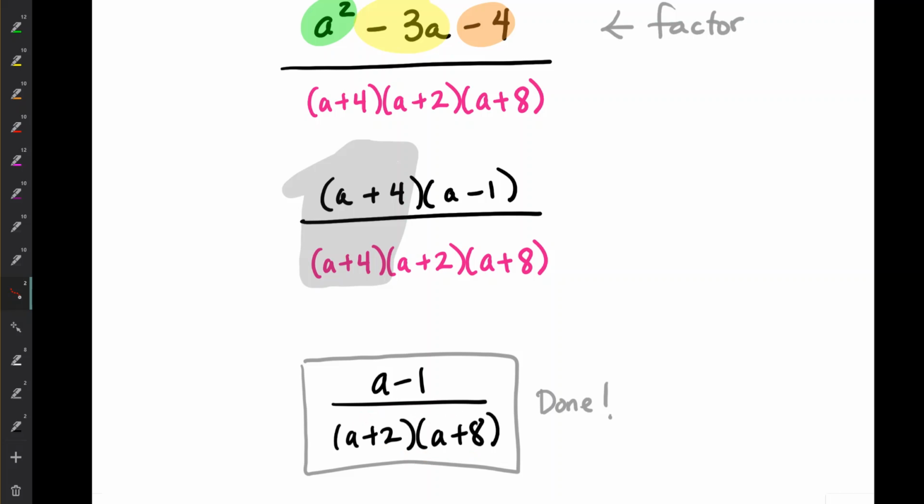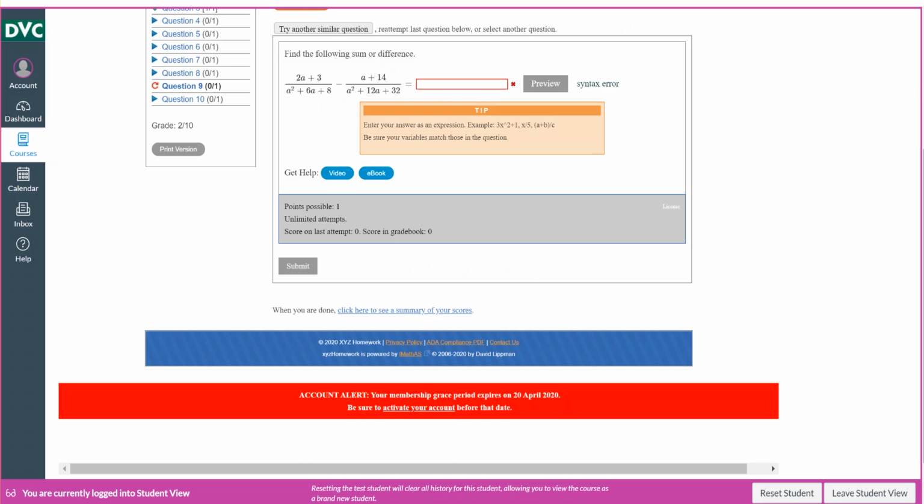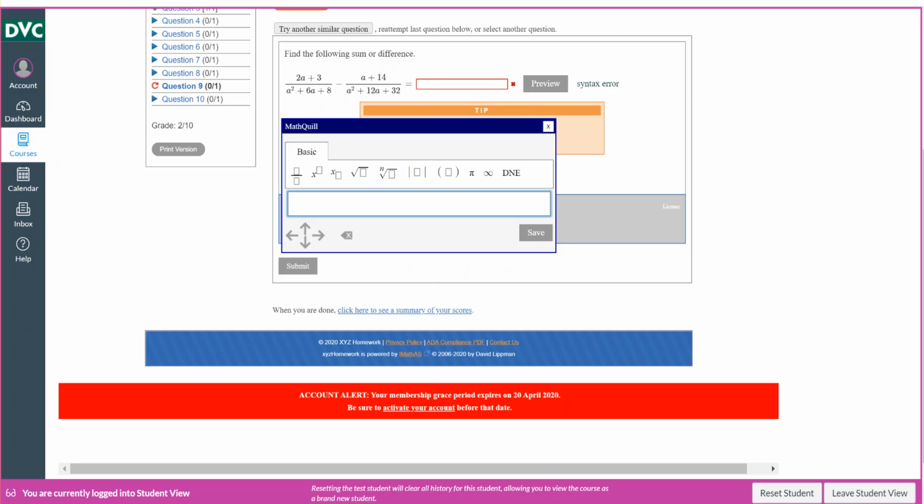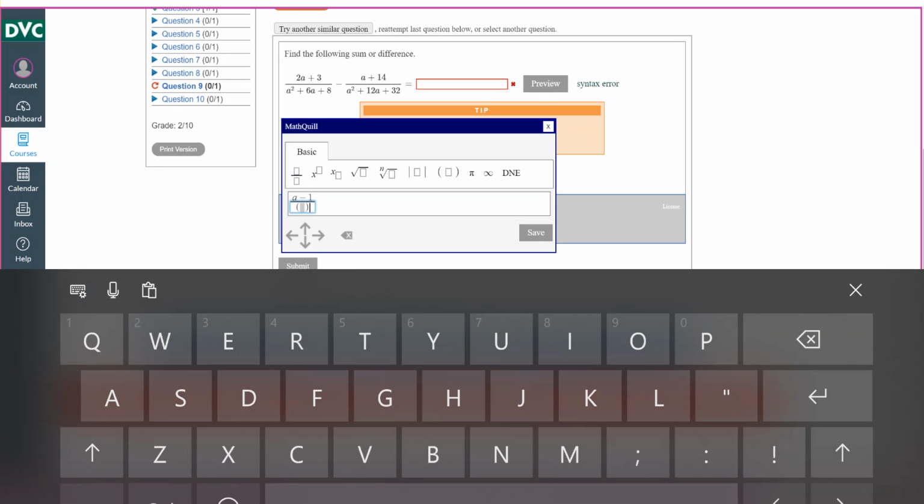Let's go ahead and type in our answer and see if we're right. So coming into my answer field, I'm going to click on that little yellow arrow to get my fraction bar. Up in the numerator, I want an a minus 1. And in my denominator, I want a plus 2 times a plus 8. Oops, and I'm not typing it beautifully.